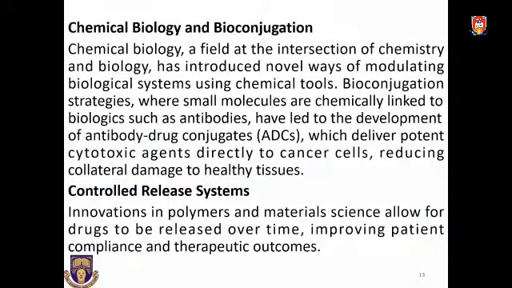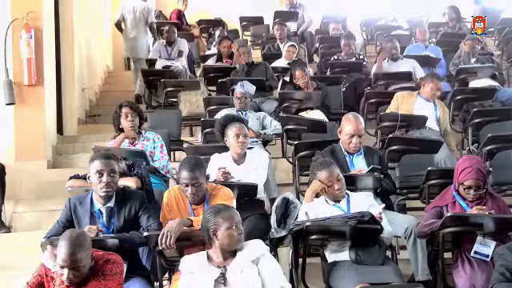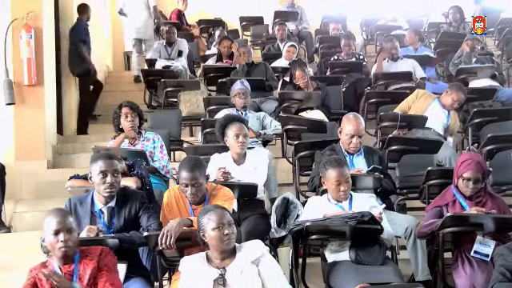And also, we have controlled release systems. In this particular case, we use polymeric materials, okay, to administer a drug. But the point is, they are able to protect it.